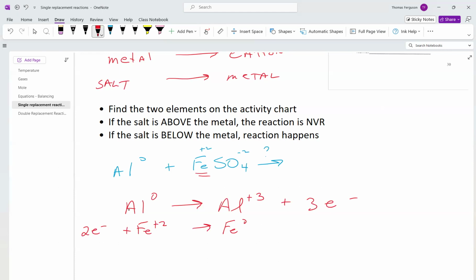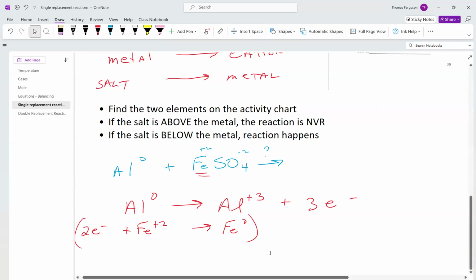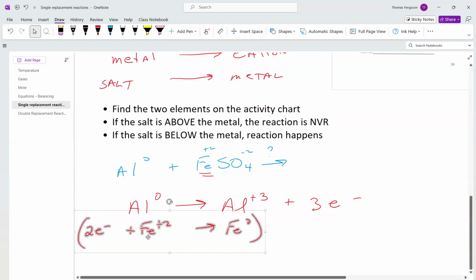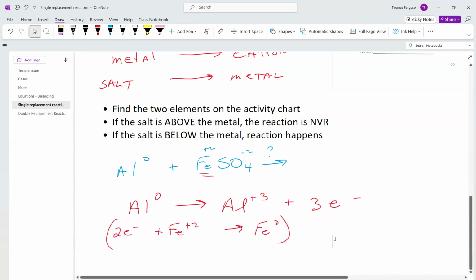So if we multiply this by 3, that'll give us our 6 electrons. But we have to multiply this one by 2 to get our 6 electrons.